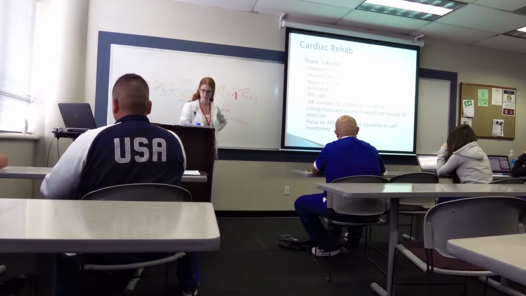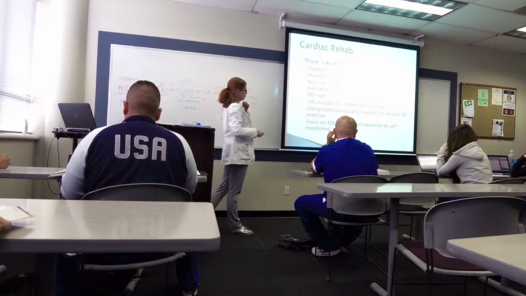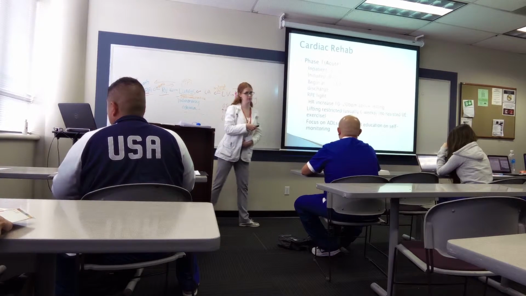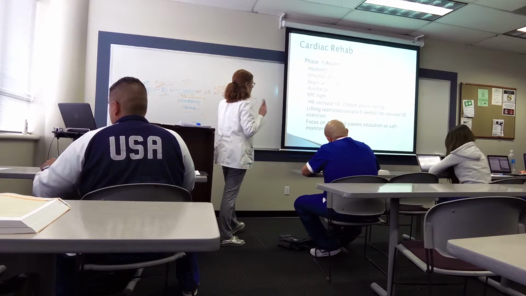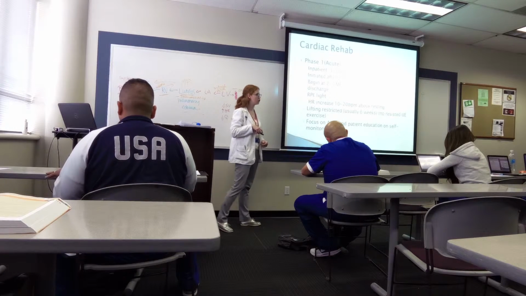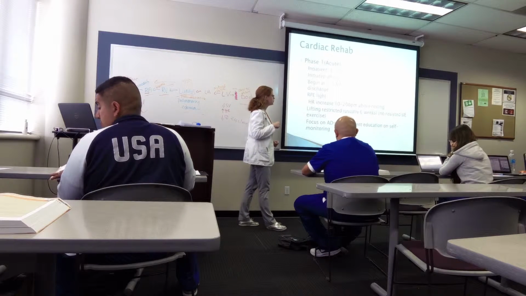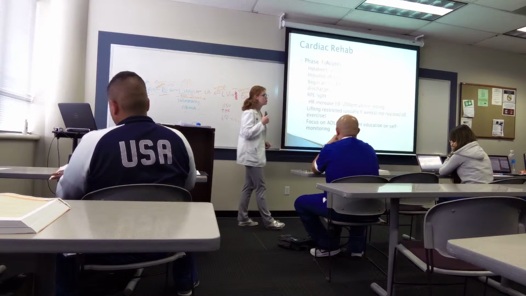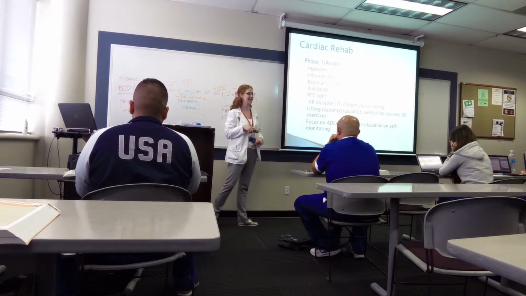Okay, so once again in phase 1, you start at 2 to 3 METs, because you're not starting at 1. 1 is rest. The maximum you progress to is 3 to 5 METs by discharge. During exercise, you will be using rate of perceived exertion with the patient, and the intensity should only ever be considered light.